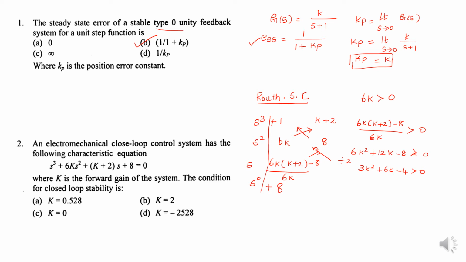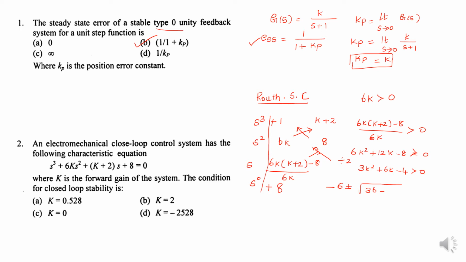Now I have to use minus b plus or minus square root of b square minus 4ac, divided by 2a, to find the root. So minus 6 plus or minus square root of 36 minus 4ac.